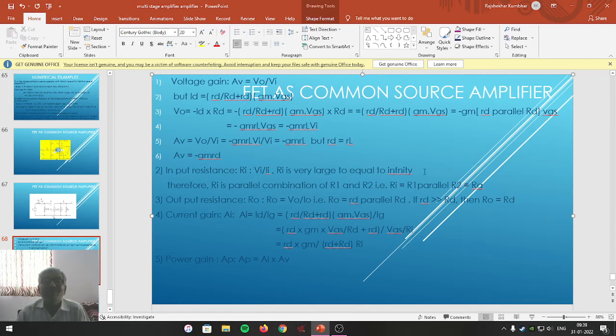Ideally the gate to source resistance is infinity because of the reverse biasing of the gate to source junction. Therefore, Ri is nothing but the parallel combination of R1 and R2. Therefore, input resistance is considered as Ri equal to R1 parallel to R2.